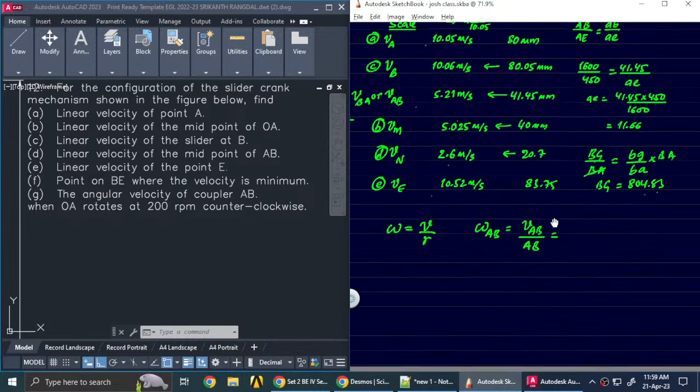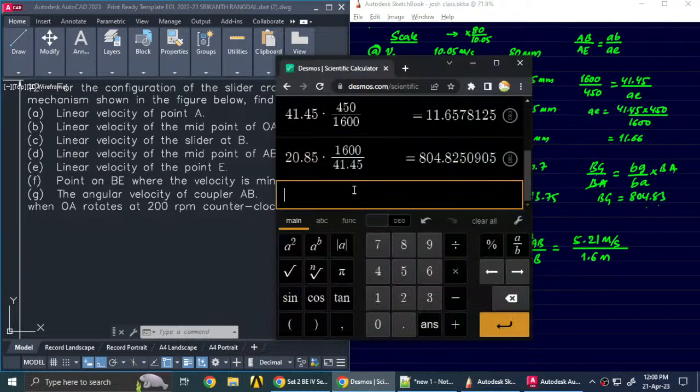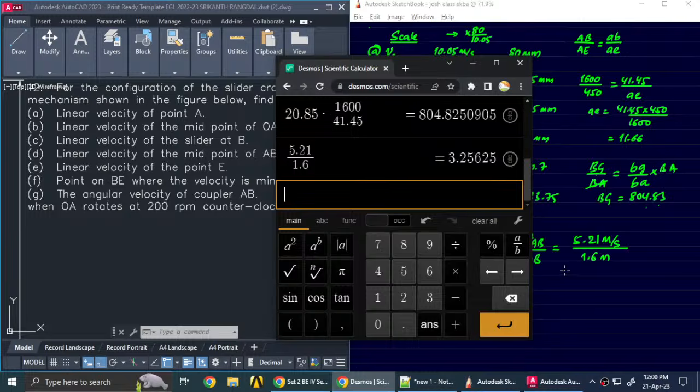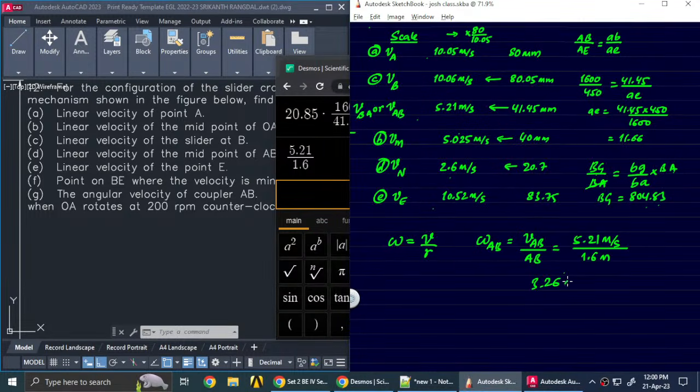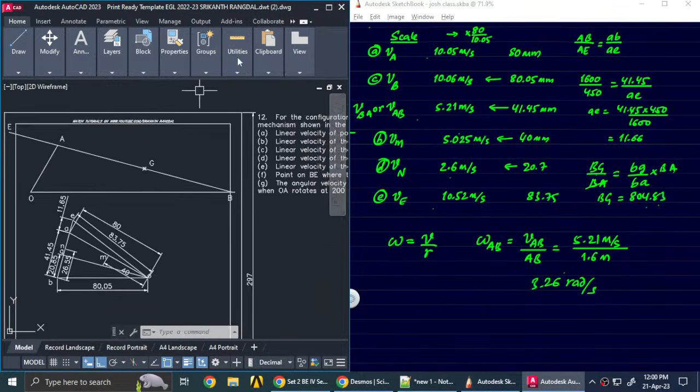So velocity of A with respect to B, we know it's 5.21 meter per second, divided by the length AB. AB length we know it's 1.6 meters. So that will give us the angular velocity. Let's go ahead and do that. 5.21 divided by 1.6, so 3.26. Okay, we are getting it in radians per second. That's the angular velocity of the link AB.